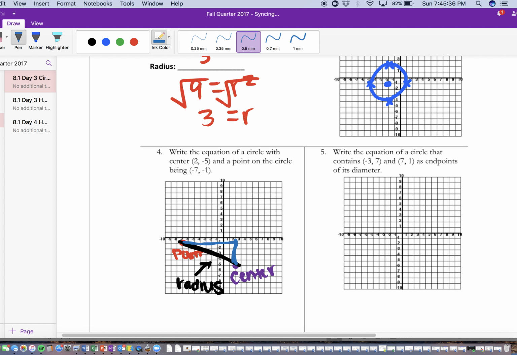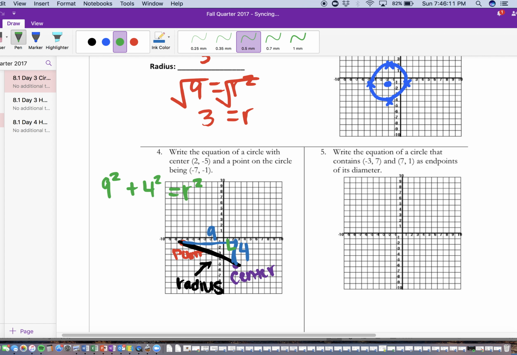So I'm going up 1, 2, 3, 4 units, and I'm going to the left 1, 2, 3, 4, 5, 6, 7, 8, 9 units. Anytime I have an intersection of a vertical line and a horizontal line, that's a right angle. So to solve for the radius, I can use the Pythagorean theorem, right? I know that 9 squared plus 4 squared will give me whatever my radius squared is.